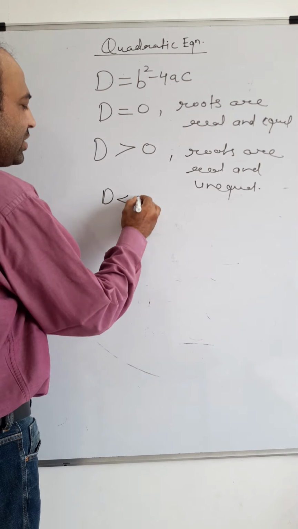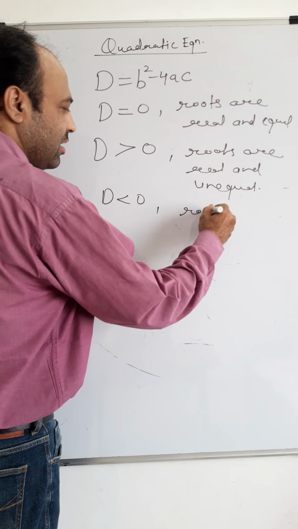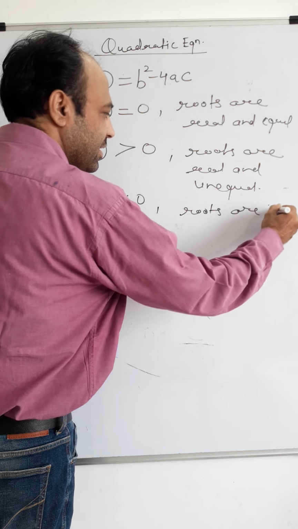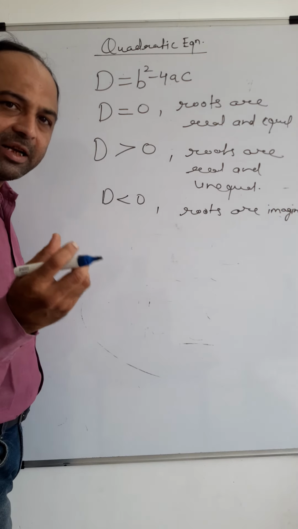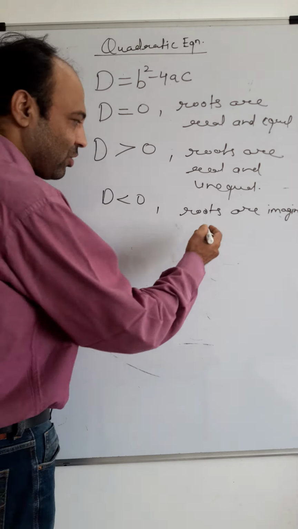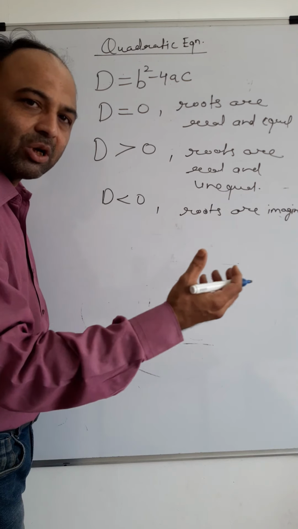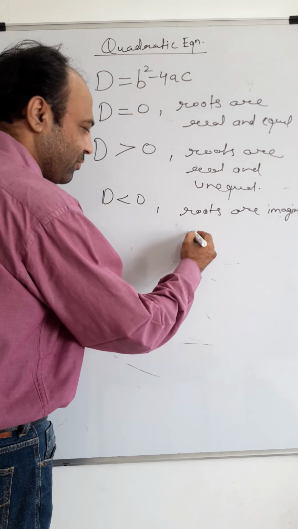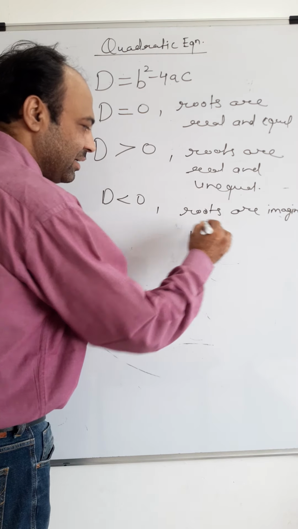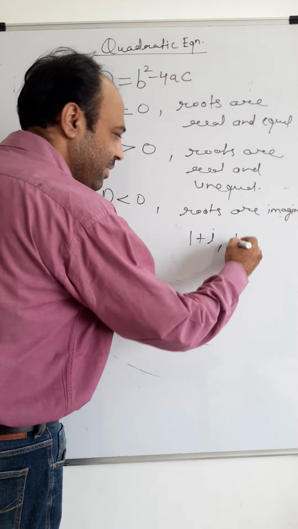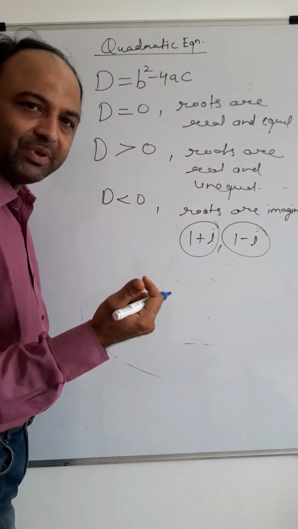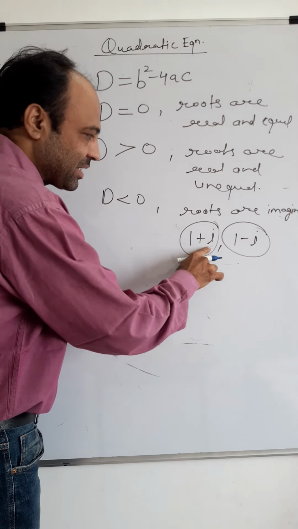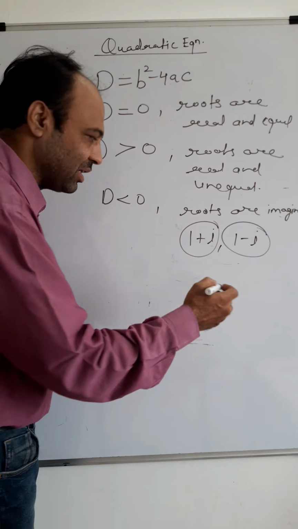When D less than 0, roots are imaginary. I believe a lot of students know about the imaginary number iota, I, and in fact these roots are complex conjugates of each other. Let's say if one root is 1 plus I, fine, so the other root will be 1 minus I. That you have to remember. This is what we call complex conjugate in mathematics. If it is plus I, then 1 minus I will be the other root.